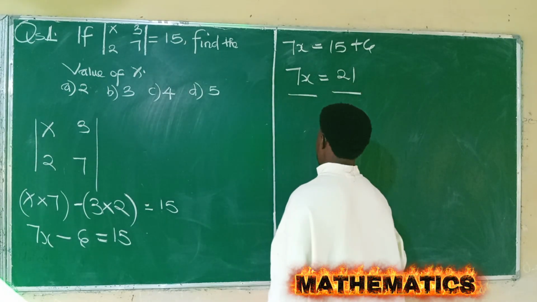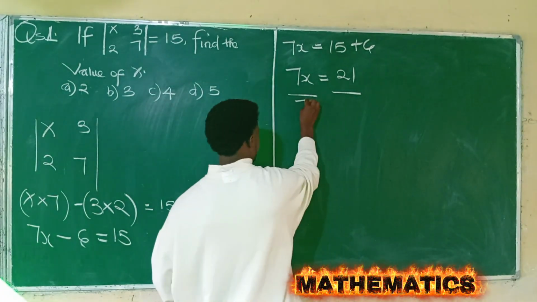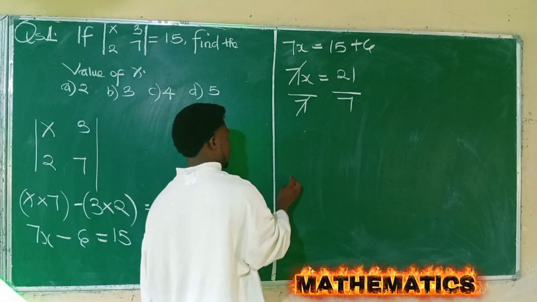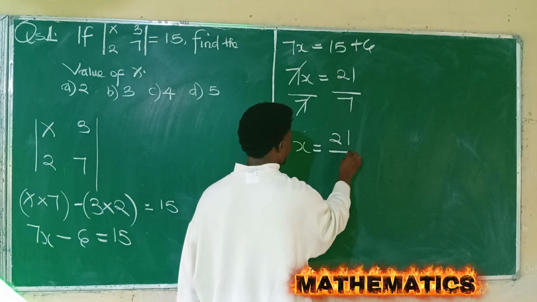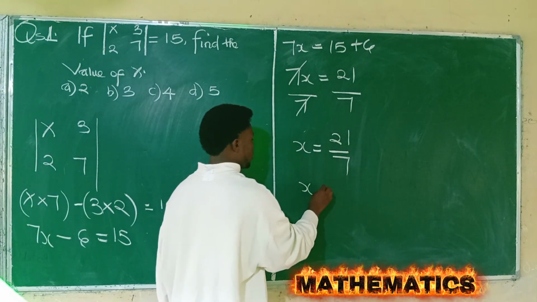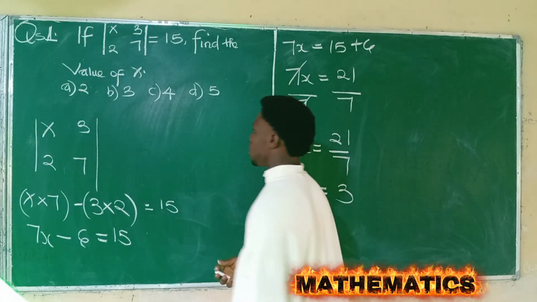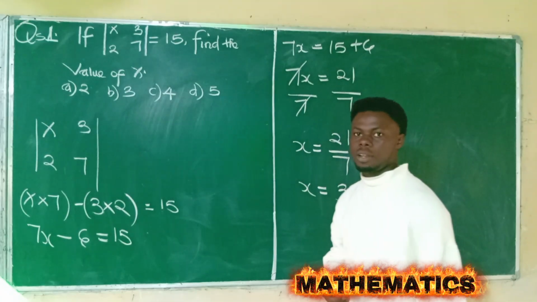To make x the subject, divide both sides by the coefficient of x, which is 7. Therefore, this cancels this, and we are left with x is equal to 21 over 7. Therefore, x is 3. So on the board, the correct option is option B, which is 3.